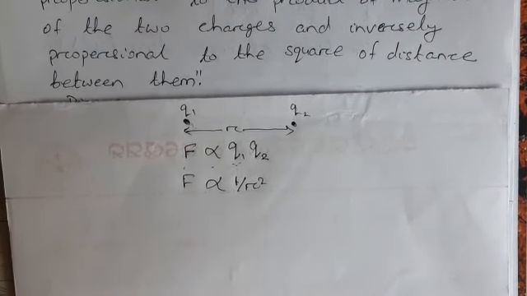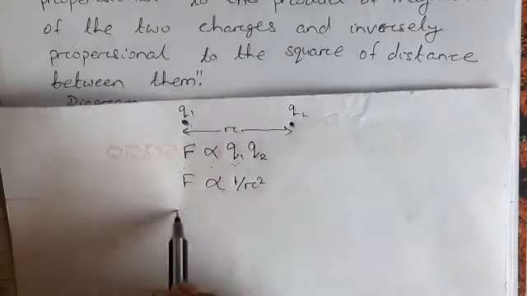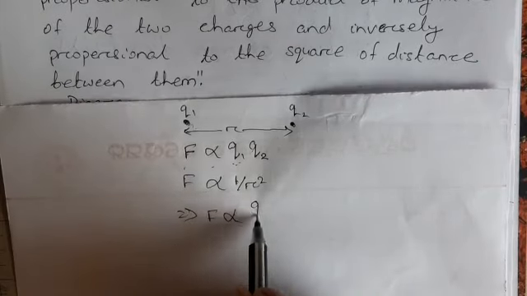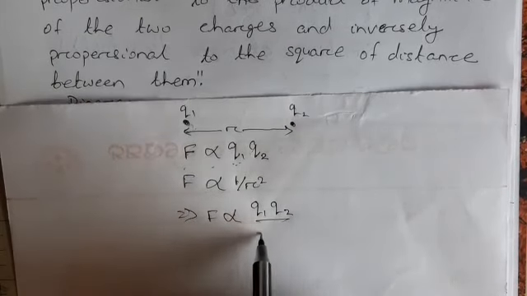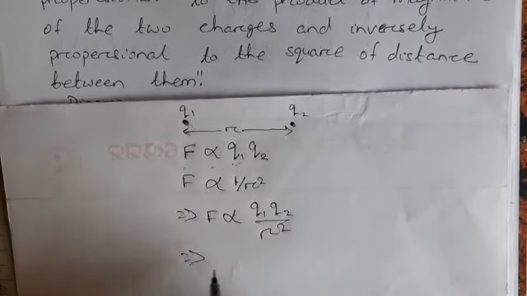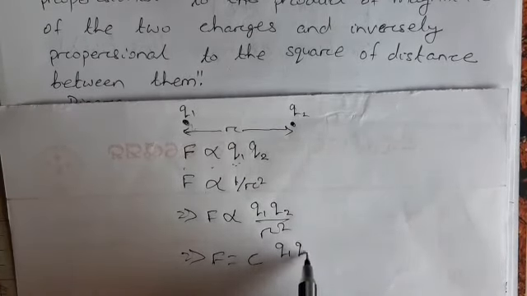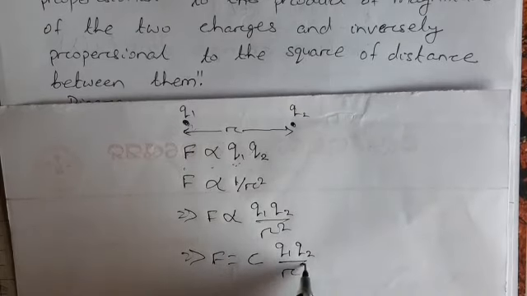That defines Coulomb's law. Mathematically I can write F is proportional to Q1 Q2 by R square, or F equal to C Q1 Q2 by R square.